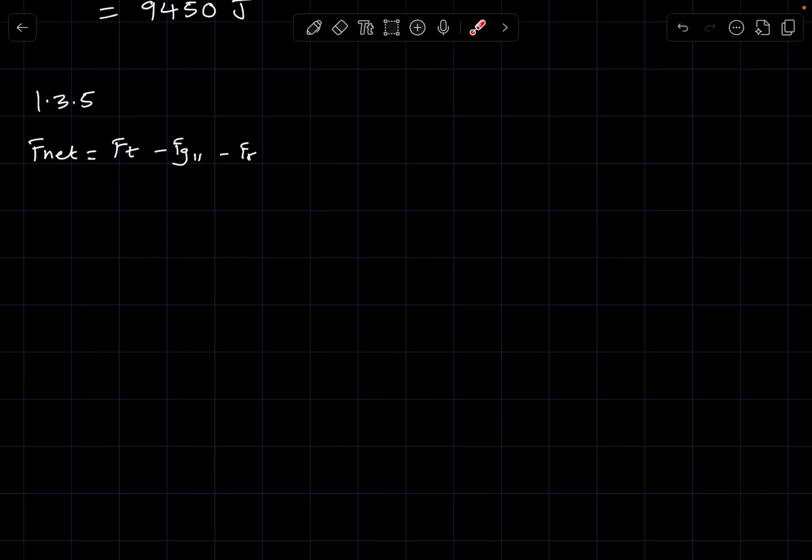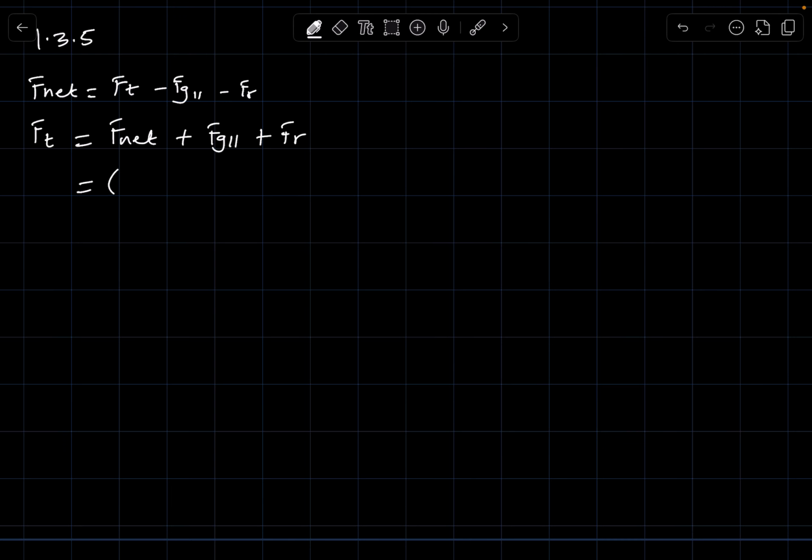So from this point you make Ft the subject of the formula. Ft is equal to, so you transpose this and that and they become positive. So F net plus Fg parallel plus Fr.